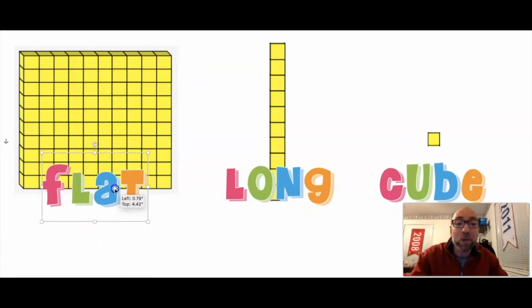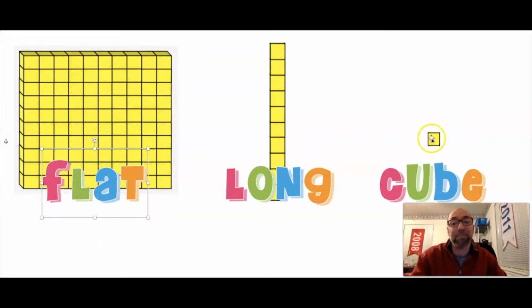So our cube is worth 1. Our long is worth 10. And our flat is worth 100. And if I had to count my flats, I'd count by hundreds. 100, 200, 300, 400, and on and on and on.